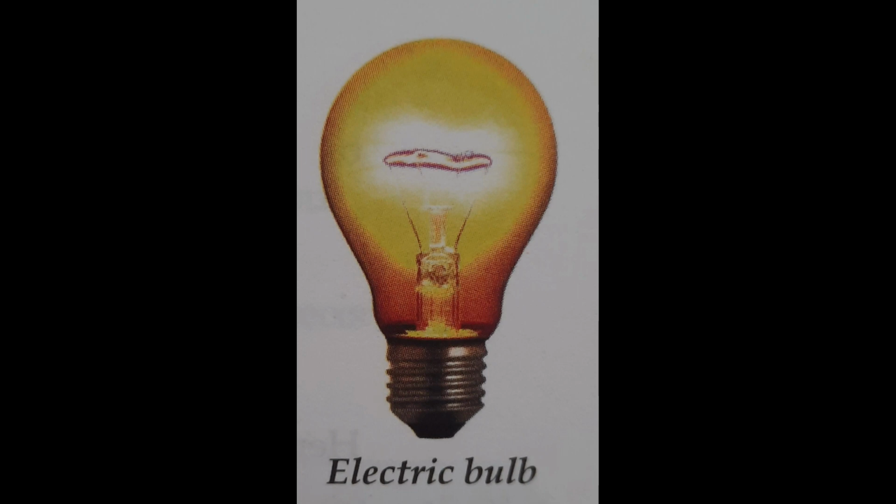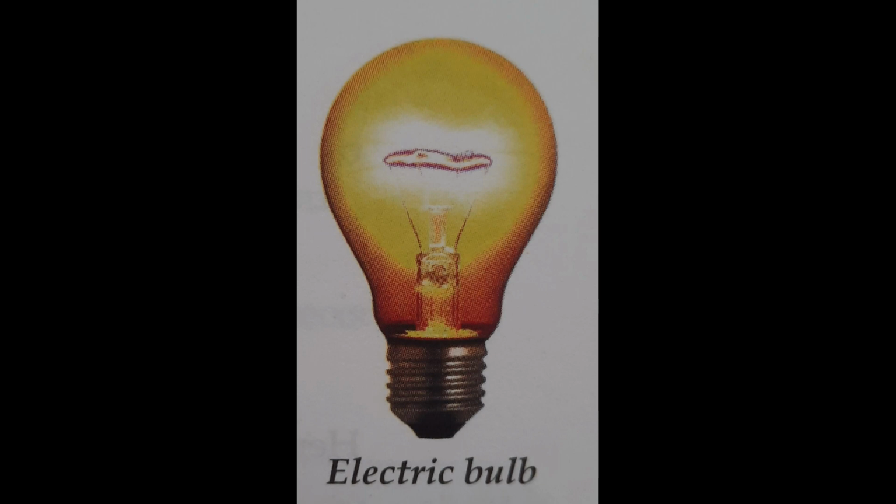Tungsten metal is used for making the filaments of electric bulbs because it has a very high melting point of 3380 degrees Celsius.